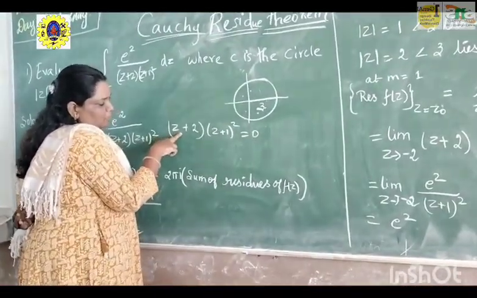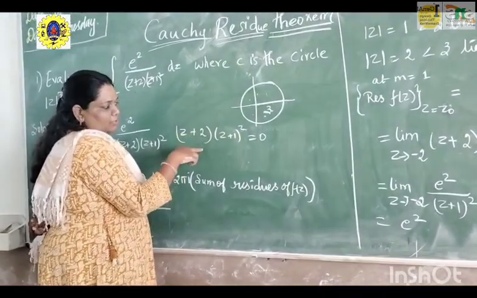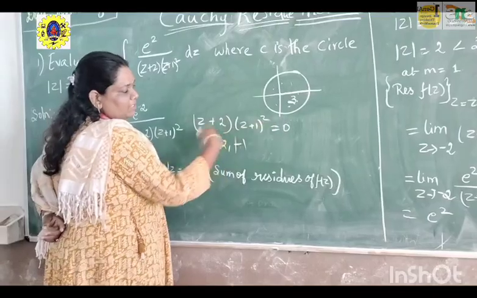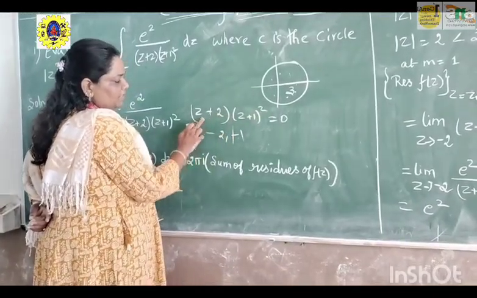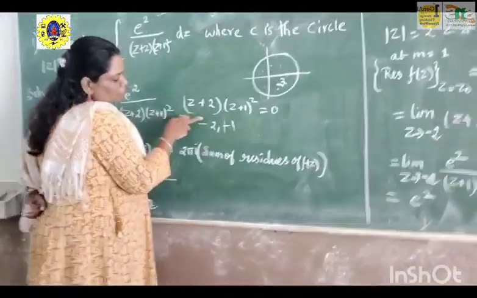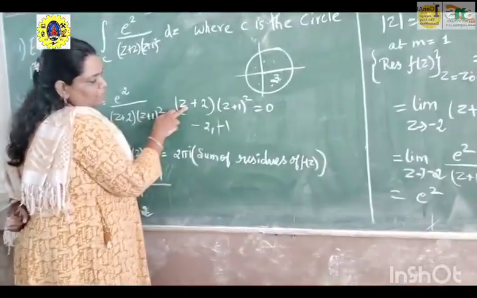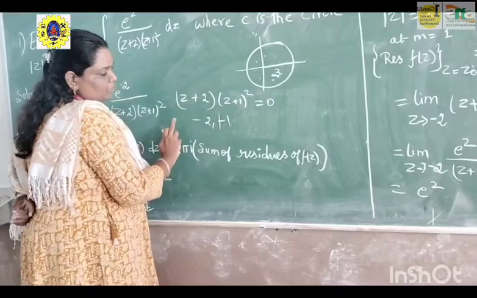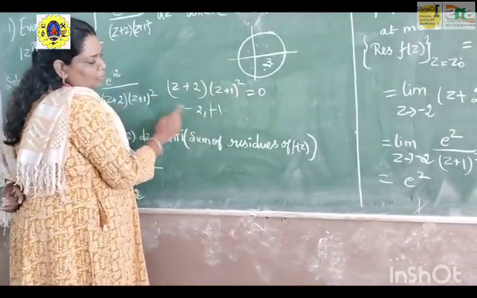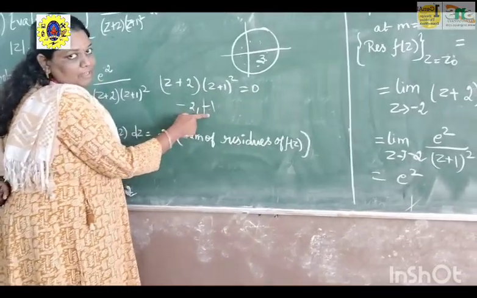Putting z equal to minus 2, we get that expression equal to 0, and putting z equal to minus 1, we also get 0. So the values minus 2 and minus 1 are the poles.